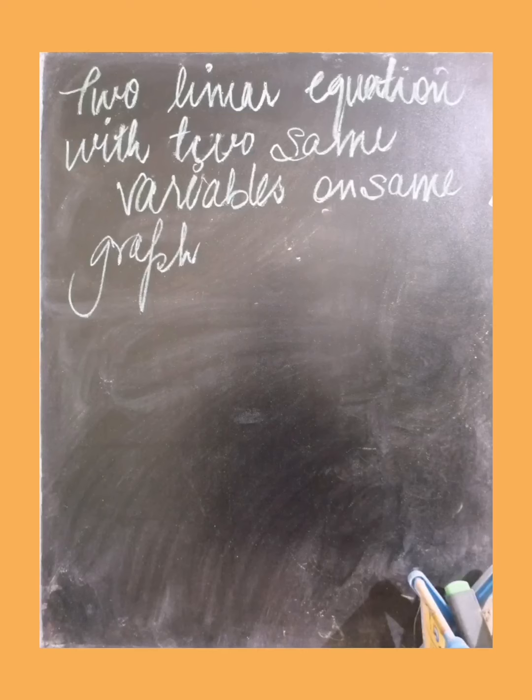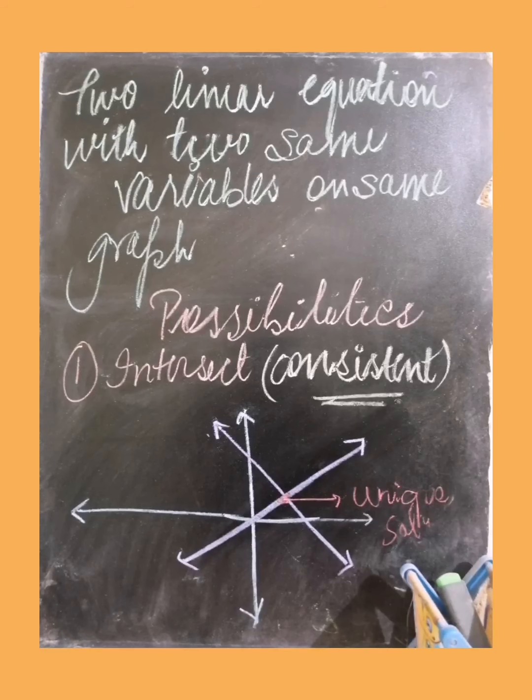Okay, so let's see. Here you can see the possibilities. If we are taking two linear equations, then we can plot the points of the two linear equations. They can intersect. This is also known as consistent, right? So whenever two linear equations in two variables are on the same graph, they may intersect.